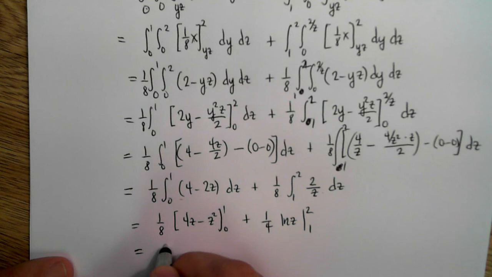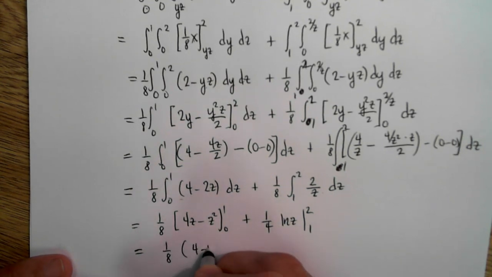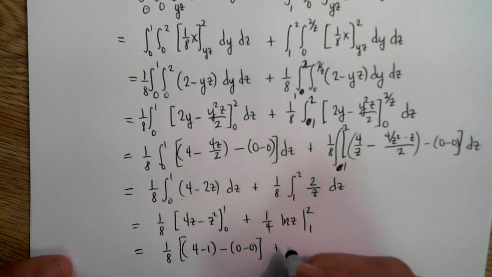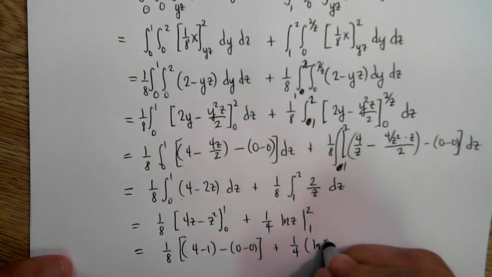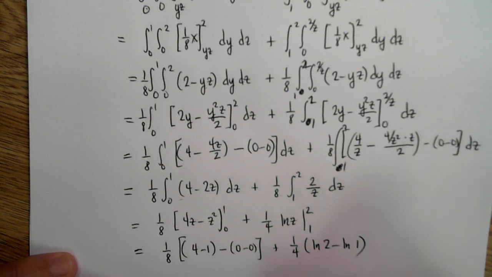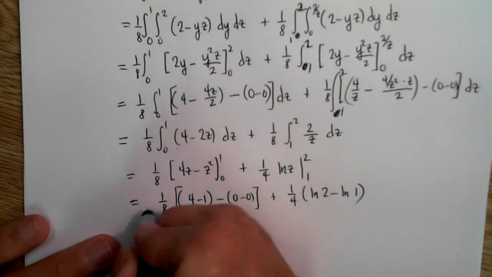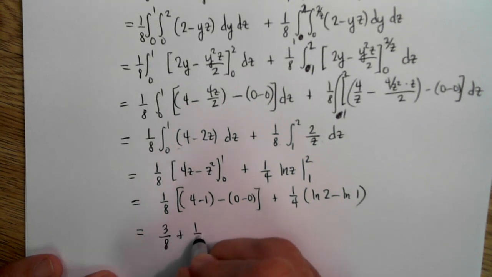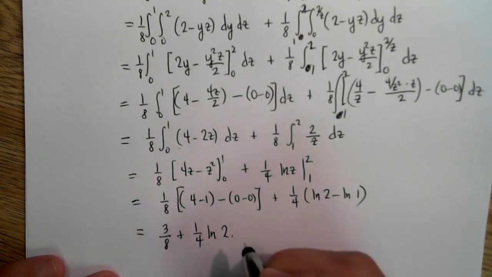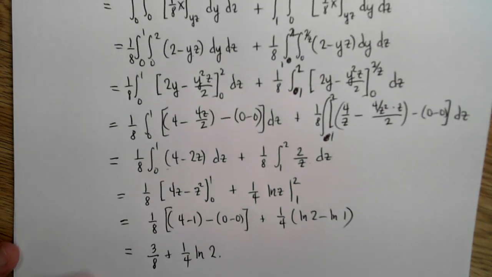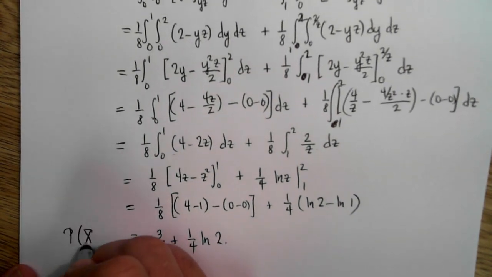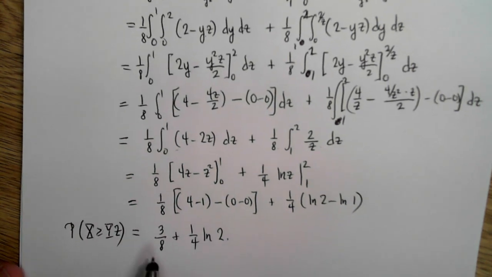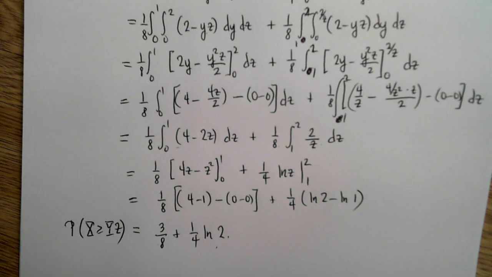And so plugging in, we get 1/8, 4 minus 1 minus 0 minus 0. Then 1/4 natural log 2 minus natural log 1. And so that finally ends as my final answer of 3/8 plus 1/4 times the natural log of 2. And so the probability that the x-coordinate is greater than or equal to the product of the y and z coordinates will be this answer, 3/8 plus 1/4 times the natural log of 2.